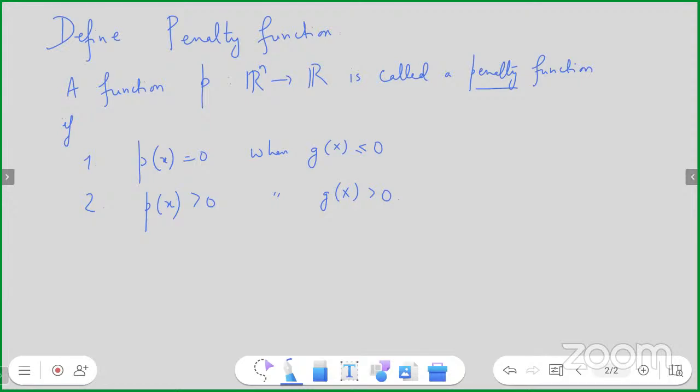So we have a set for g of x less than or equal to 0, let's call that set X, and I'm looking at the distance function, distance of x from the set X. Fine. One example.